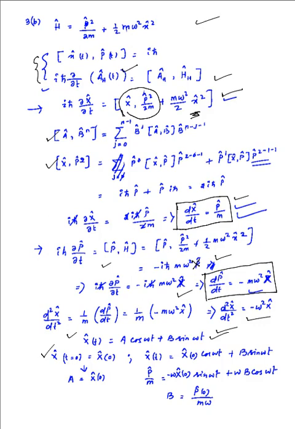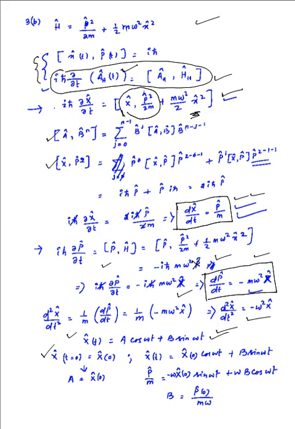So any operator in the Heisenberg picture, this relation that we see is what we have used to obtain these values, this and this, which we were supposed to obtain by using the commutation relation.